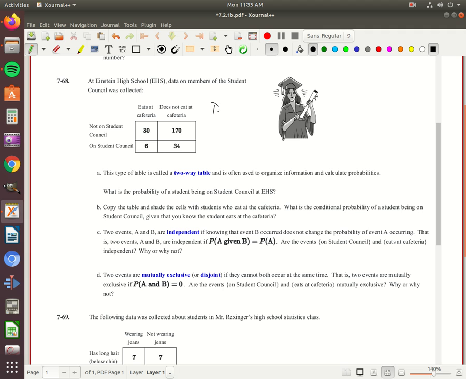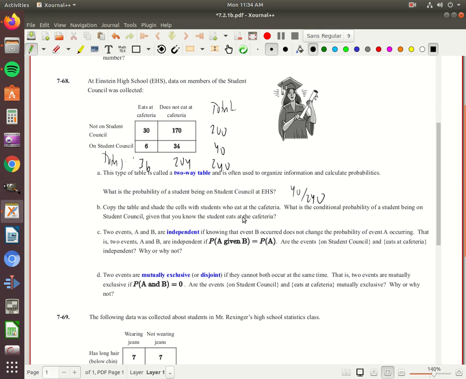So I'm going to do totals here and here. So that's going to be 36, that's going to be 204, 240, 40, and 200. So what's the probability of someone on the student council? It looks like it's 40 out of 240. 40 kids out of 240 are on the student council.